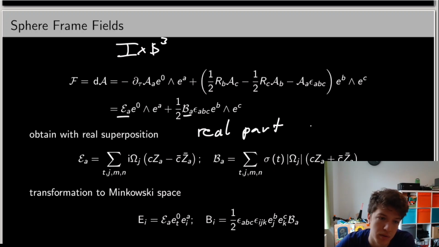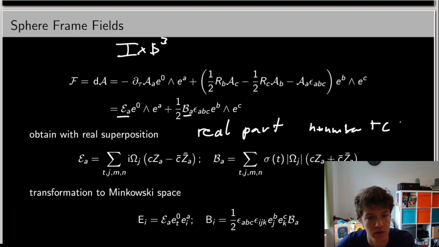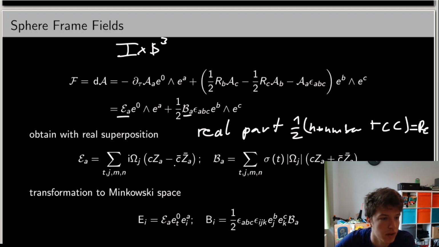So we have the number plus complex conjugate and half of it, which is the real part. This is just how we calculated it, and therefore we obtain those electric and magnetic fields, and we can also find out that the electric and magnetic field in Minkowski space are directly related to the electric and magnetic field in this cylinder.